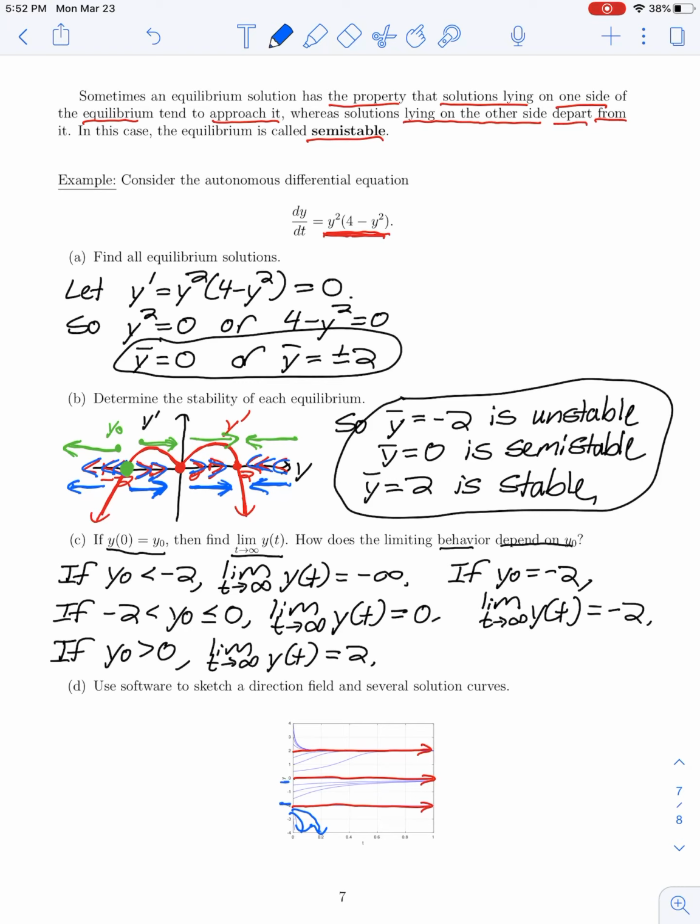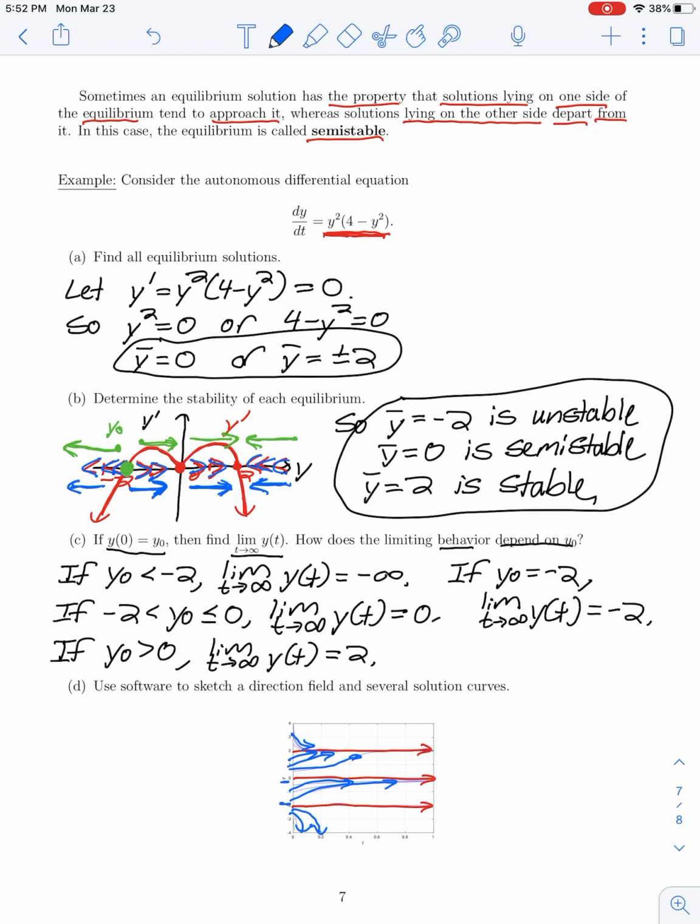If I start anywhere between -2 and 0, my solution curves are moving towards 0. And if I start anywhere greater than 0, my solution curves are approaching +2. So we can verify the stability results that we saw above by making use of this software.